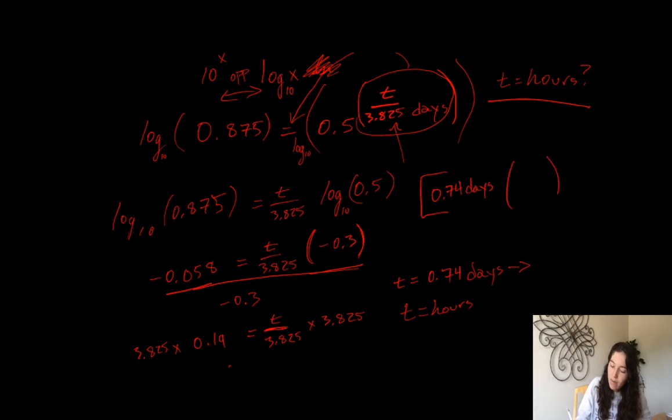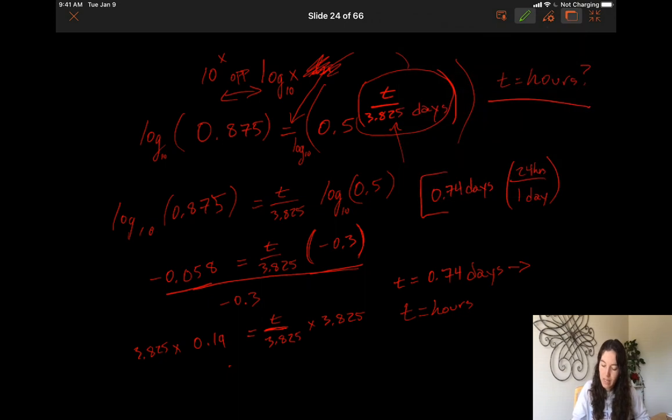And we know that for every 1 day, there are 24 hours. Our days cancel out here, which is why I put days on the bottom and hours on the top. And so that gives us our final number times 24, gives us 17.7 hours. So that's your final answer for this problem.